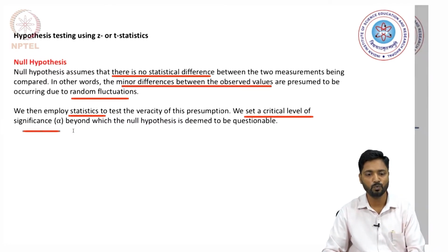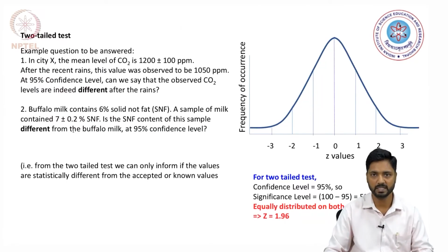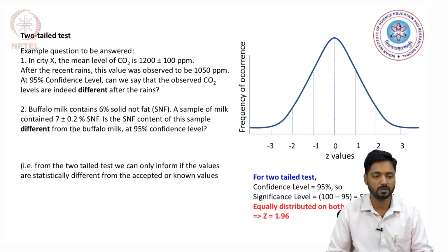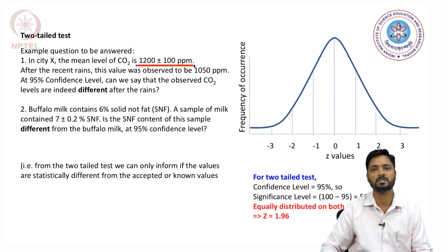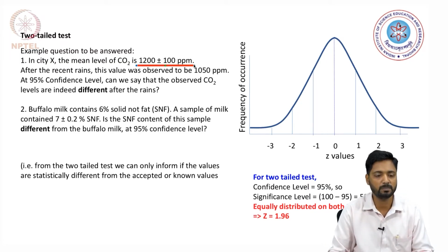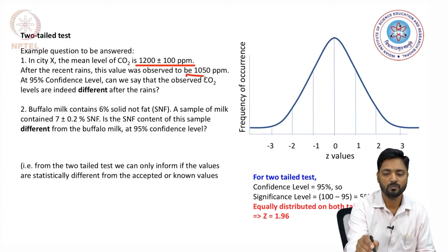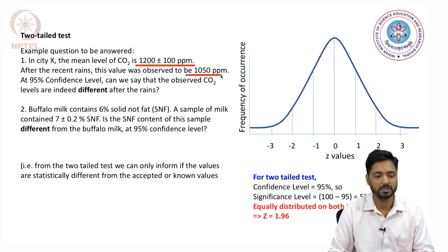Now let us move to the concept of the two-tailed test, which is a test most routinely utilized for comparing two data sets. Let us understand this concept by taking two examples. The first example is that of a certain city in which the mean level of carbon dioxide is listed as 1200 plus minus 100 ppm, while after, say, a recent spell of rains, this value was found to be 1050 ppm.